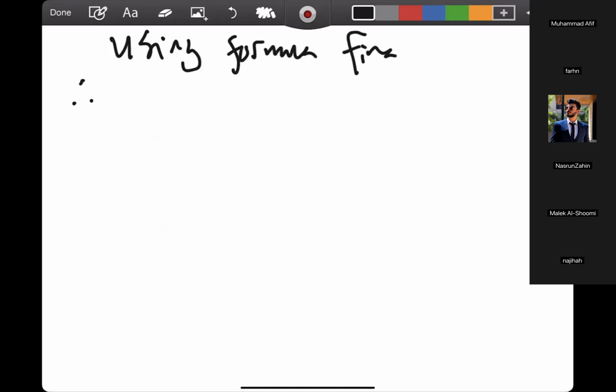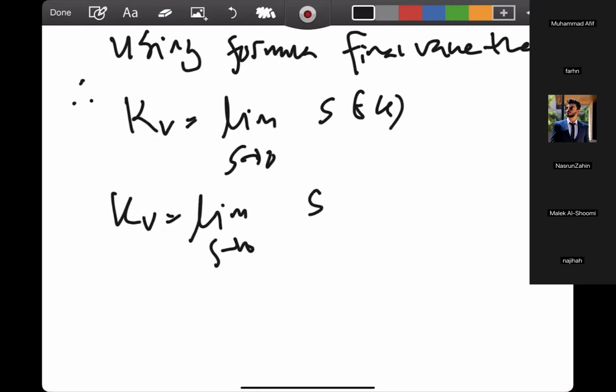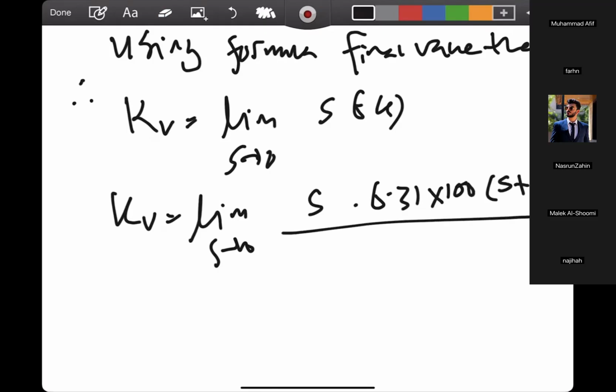Final value theorem, iaitu limit S to 0 of S times KGS. S to 0 S tadi tu 6.31 100, kan?